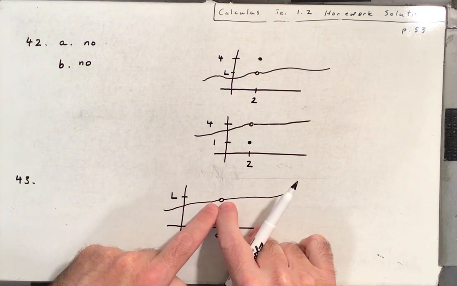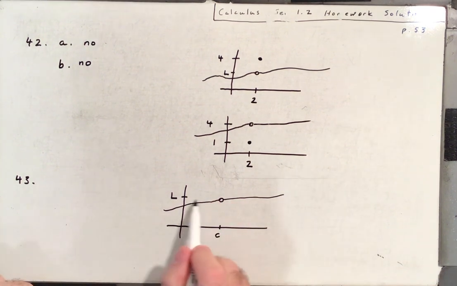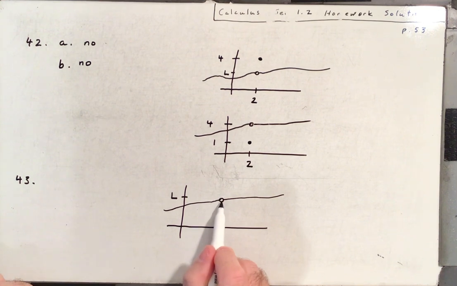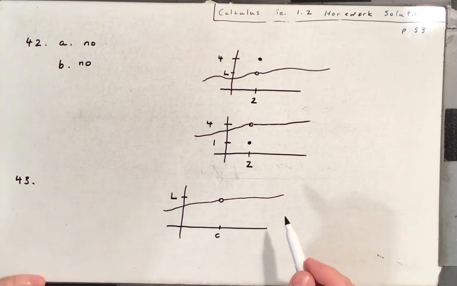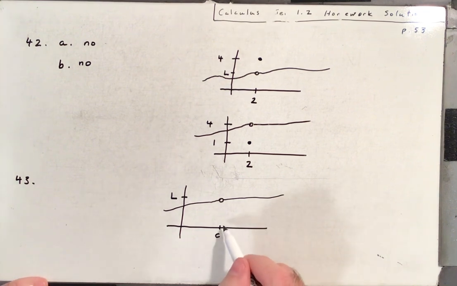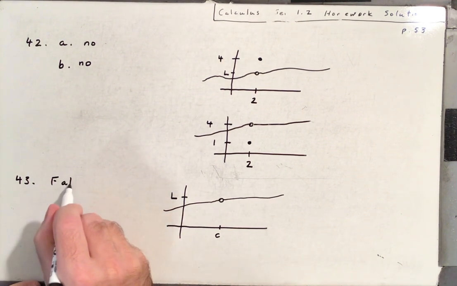Yes, it does. It's undefined at c. We can't get an algebra answer, but our limit is L. It just has a hole right there. So we can't necessarily say that the limit doesn't exist. It might not exist, but this is a case where it does exist. So that answer is false.